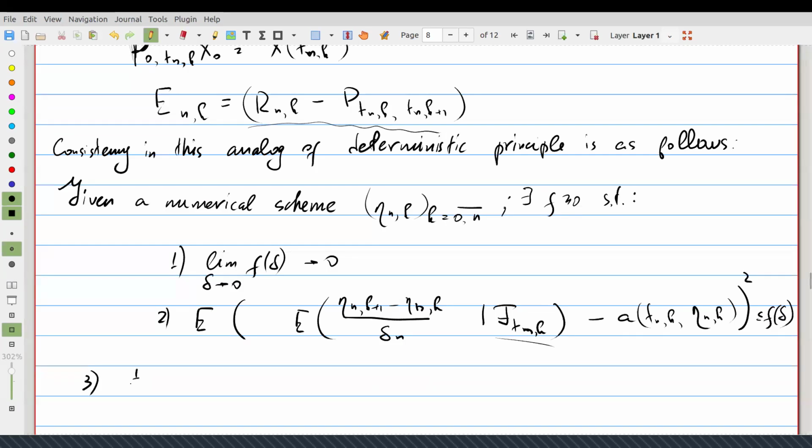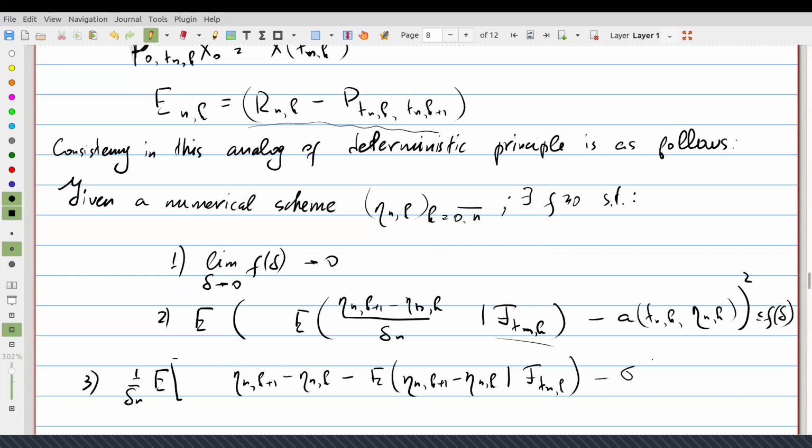And you also need to control the variance of your scheme, in the sense that this minus this minus the conditional expectation almost recreates the variance of the original equation at small times, Delta W_{n,k}, everything squared, is also less than f of delta.